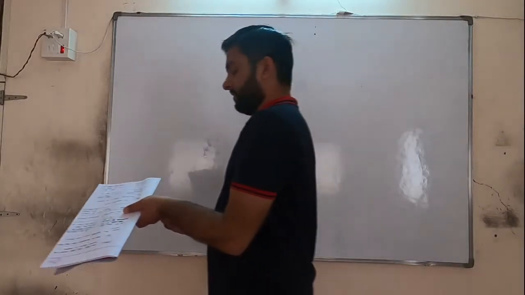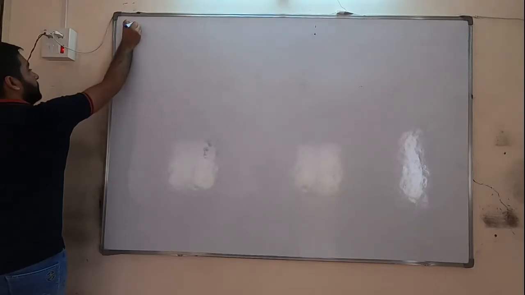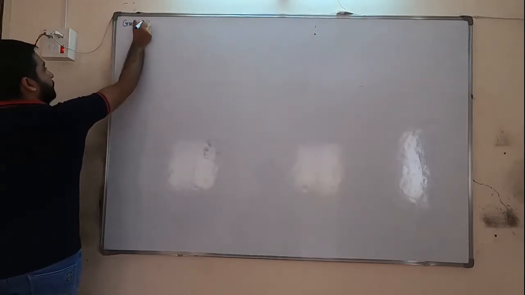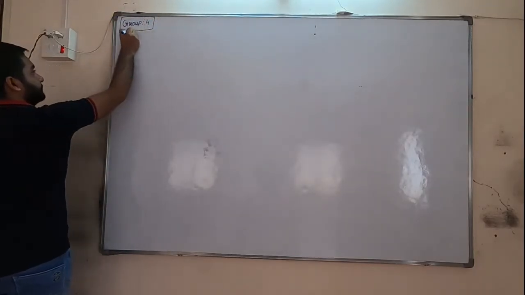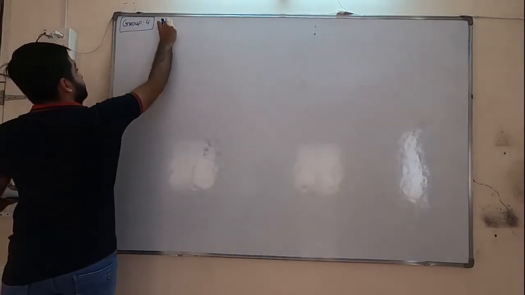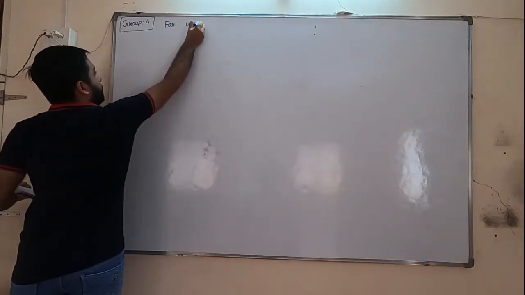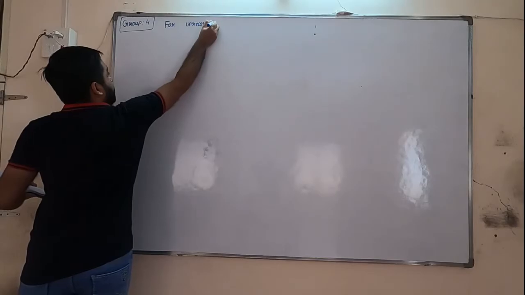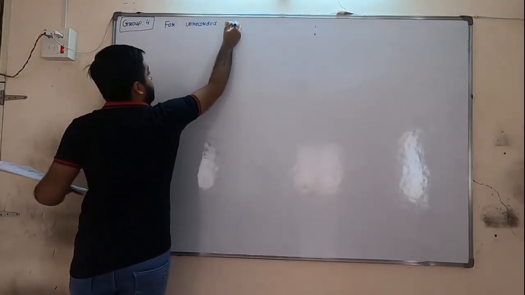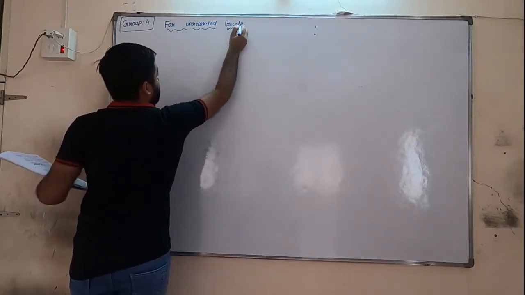Now we are going for type 4, or we can say group 4, for unrecorded goods.